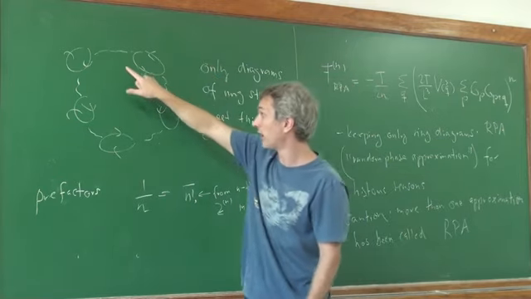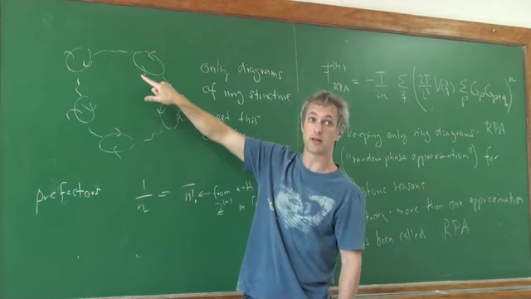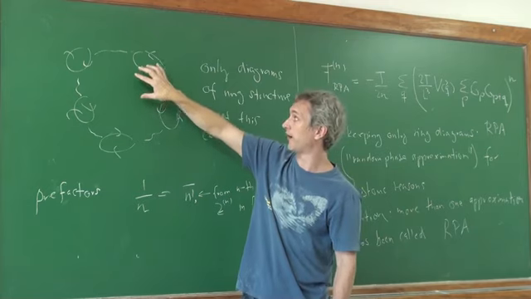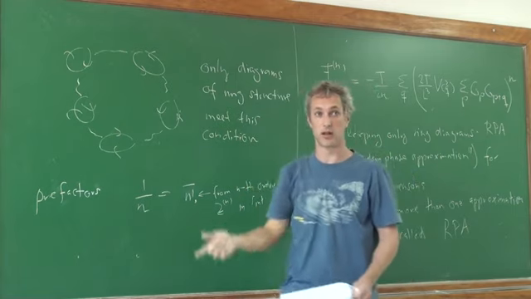So if we look at the combinatorics, we get a factor of n minus 1 factorial, the combinatorial factor of rearranging the diagrams without rotating them.